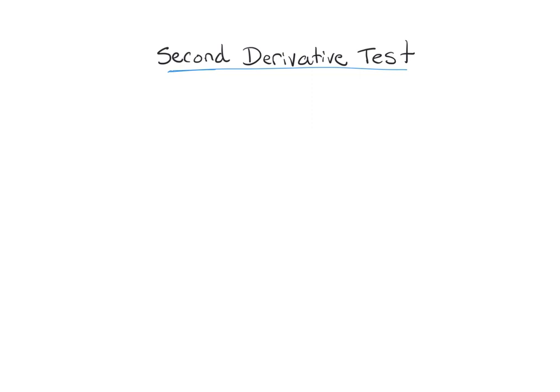Okay, so the second derivative test is: if we have the first derivative at a point equal to 0, those are the critical points. Then to know if it's a relative min or a relative max, we would just have to know the concavity.